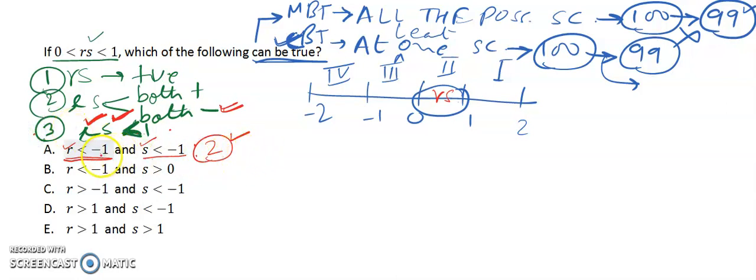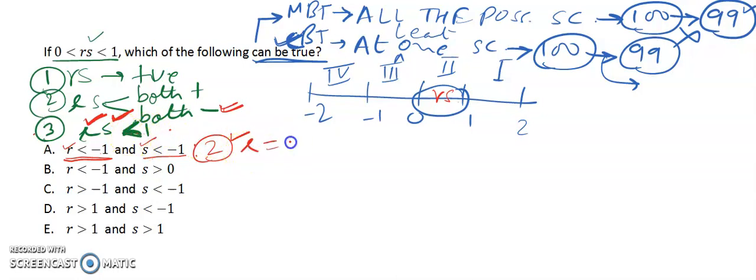Since R is less than -1 and S is less than -1, we should try to plug in values such that the absolute values of R and S are very close to 1, so that we minimize the product of R and S.